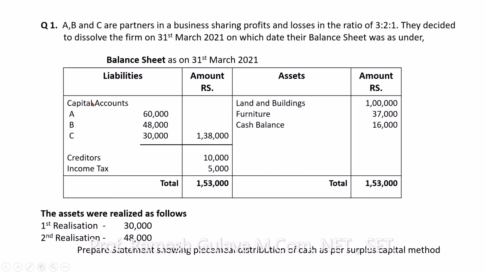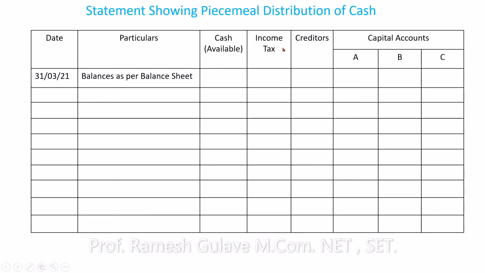As we have already discussed, we have capital accounts of the partners, creditors, and income tax. So as we have discussed, we have to pay income tax before creditors because it is considered as preferential creditors. Okay, so after cash balance, we have to make a column for income tax, then a column for creditors. Okay, and lastly, capital accounts are recorded in three columns as capital account of A, capital account of B, and capital account of C.